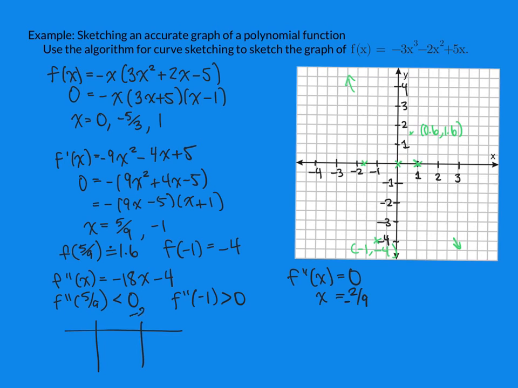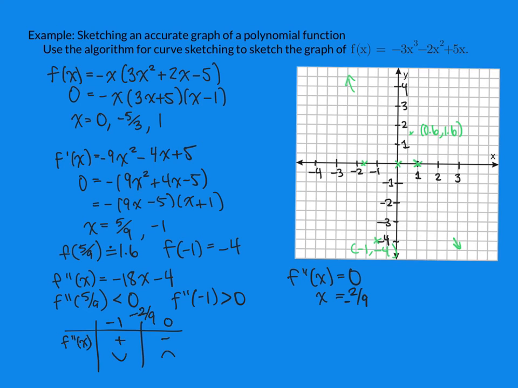So we're going to split up our interval at -2/9 here. And that means we can test with -1, which will make this positive. So this is concave up. And so we can test the right side of the interval with 0, and that'll be negative. So it's concave down.